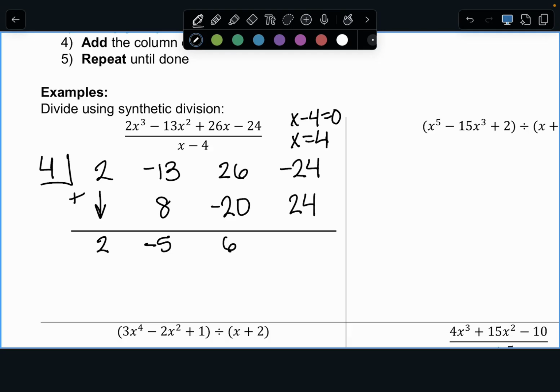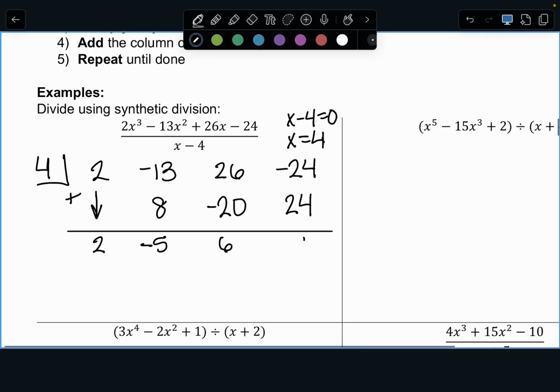And then negative 24 plus 24, 0. This last number in the corner also gets a box. That last number is your remainder. Always. So whatever number we get here, that's your remainder. Everything else is going to be the coefficients of your new polynomial, of your answer.